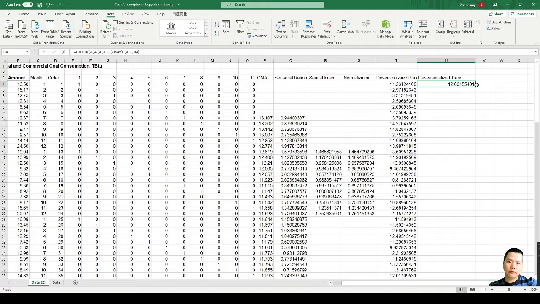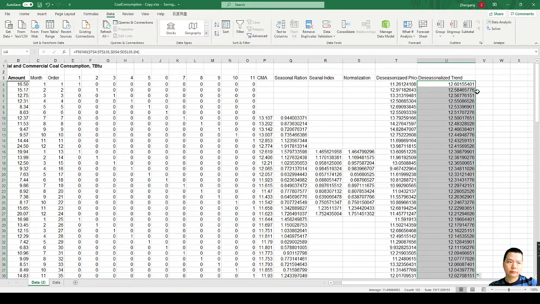And this gives us the deseasonalized trend prediction.